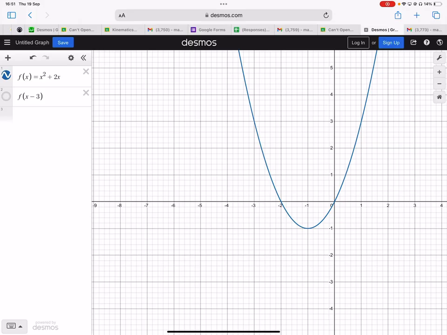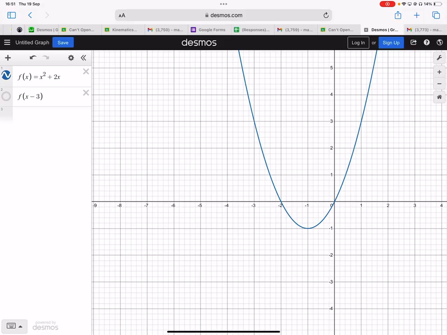It's f of x minus 3. We have subtracted 3 units from x. The graph should move 3 units to the left, right? We're subtracting, so it should go to the left, right? Does anyone agree? Yes? No. It moves 3 units to the right instead.